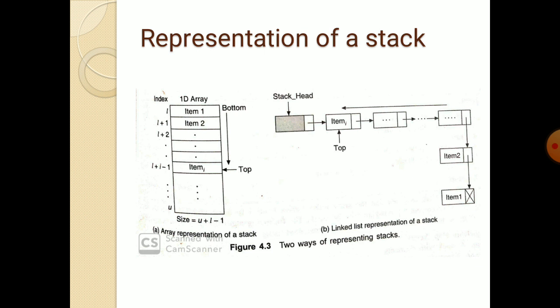If you are performing any insertion, that is the push operation, it is at the top, and if you are performing the pop operation, it is also at the top of the linked list, that is followed by the stack header.